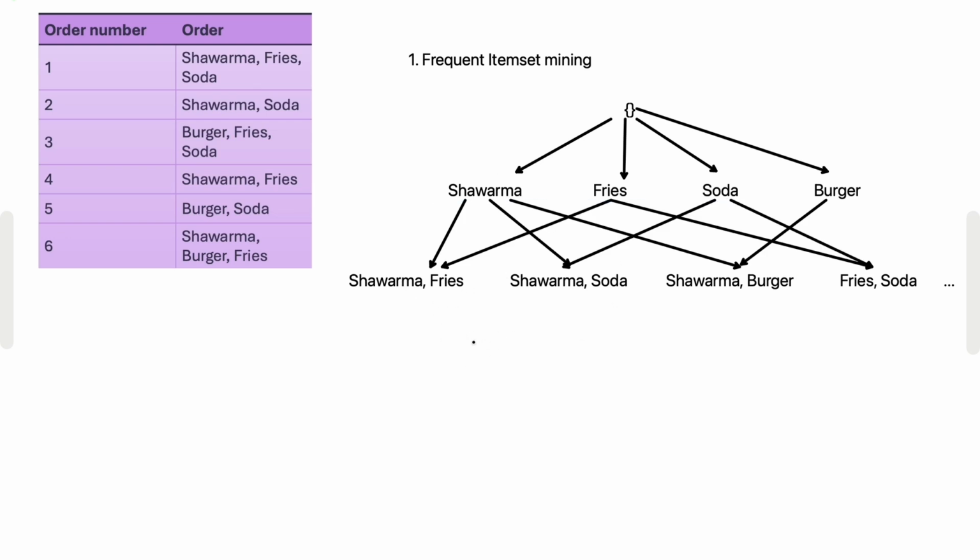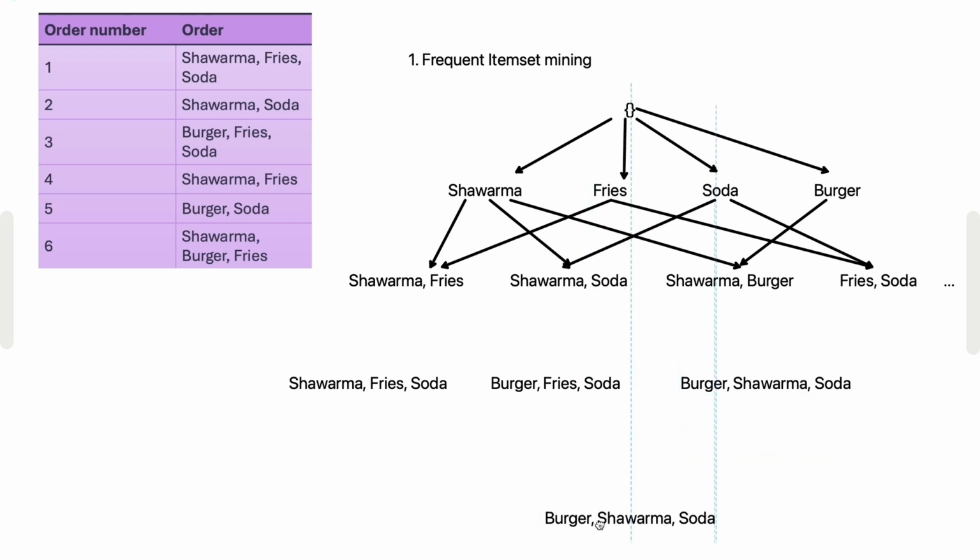So if I go again and say the next level is shawarma, fries, soda, and the next one is burger, fries, soda, and then lastly, at the very end, we only have the combination of burger, shawarma, soda, and fries. This is the maximum, right? If again we connect them, there we go, just like this.